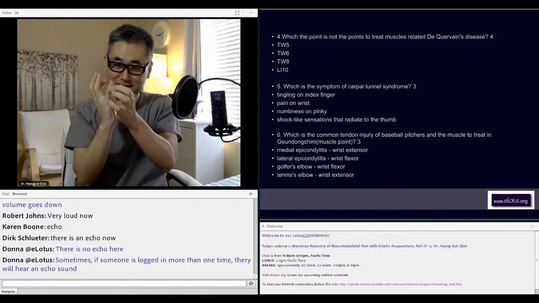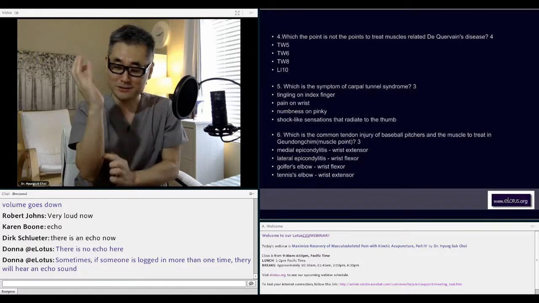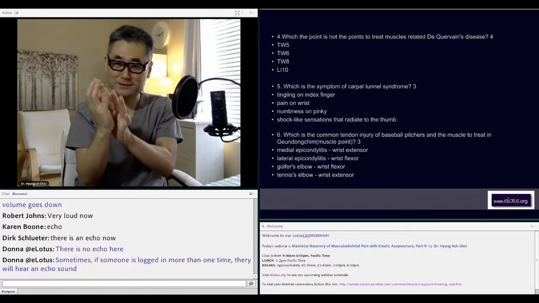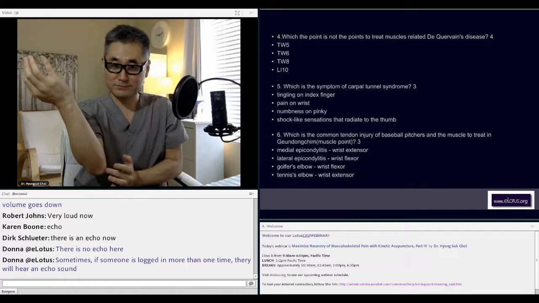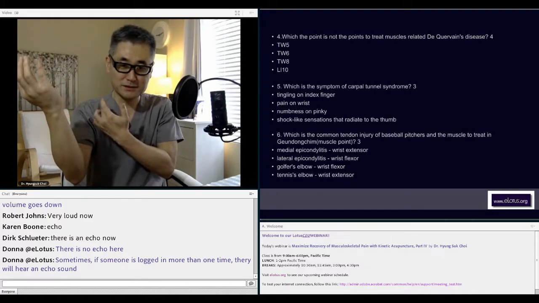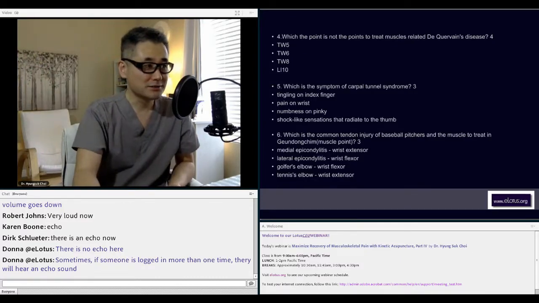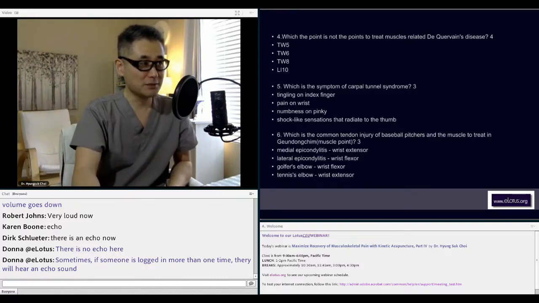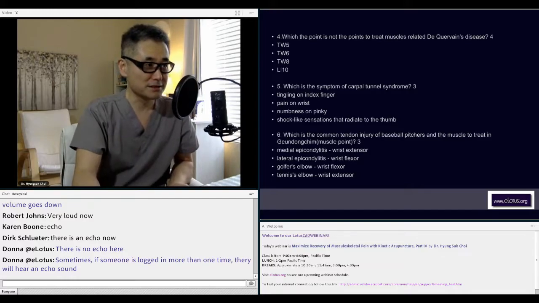This can happen with other nerves, not the median nerve. Maybe ulnar nerve entrapment, ulnar nerve syndrome, or upper C-spine disc herniation. Numbness on the pinky is not a symptom of carpal tunnel syndrome. The right answer is 3, as long as there is a knot.